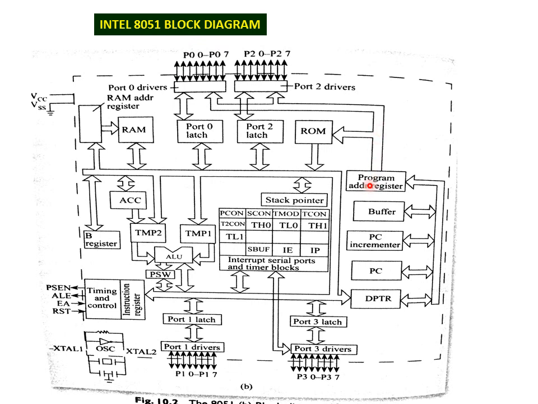Now see, the program address register stores the addresses of the data required, that is, from the ROM or RAM. The buffer register temporarily stores the data for serial data transmission, and the program counter is incremented or decremented after fetching every instruction. The program counter stores the current address of the instruction or program, and DPTR is nothing but the data pointer register.